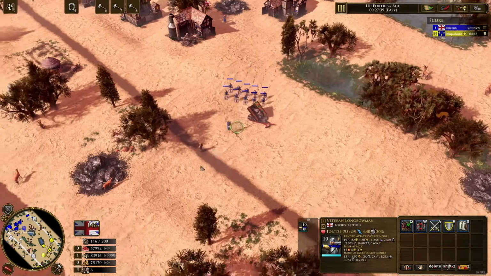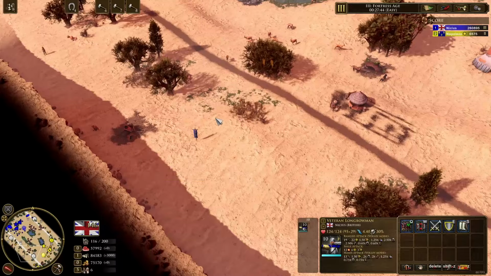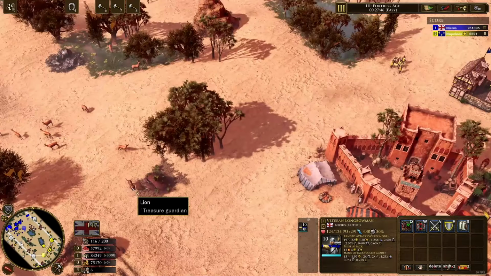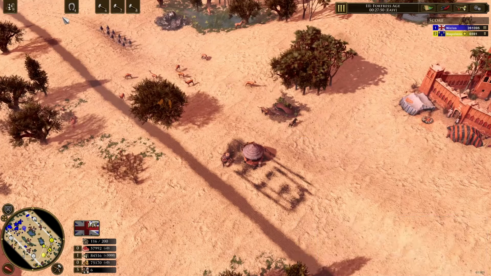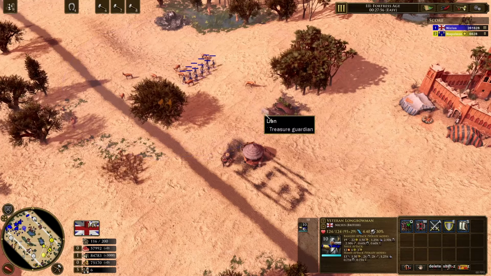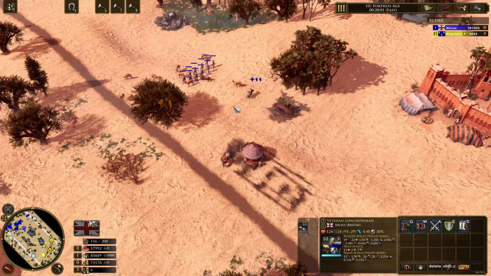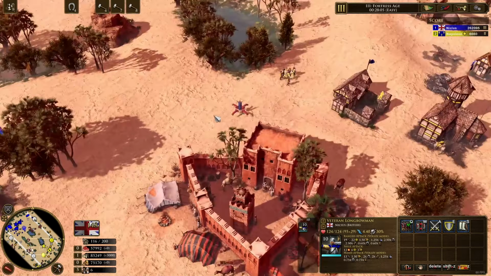You saw how fast they shot, and let's make a different example on the lion, for example. Here are two treasure guardians. What is going to happen is, if you switch the target with longbows while they're attacking one guardian, they're going to have a longer setup animation while they switch their targets.